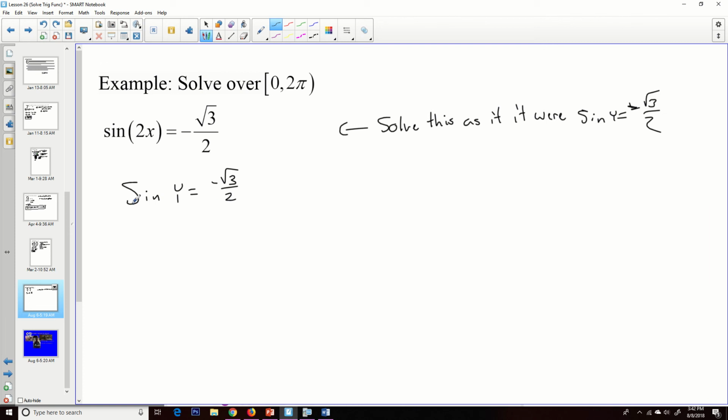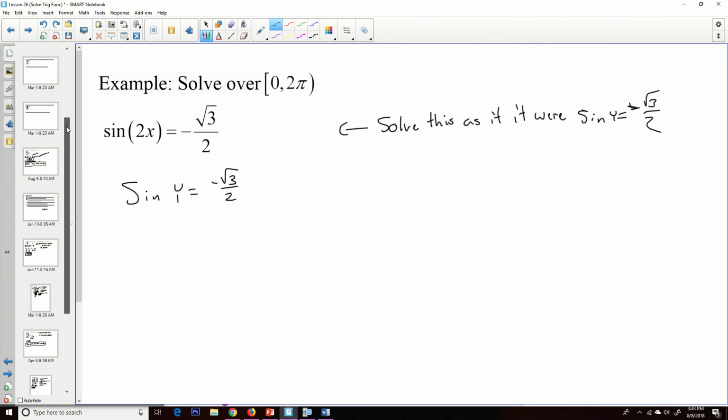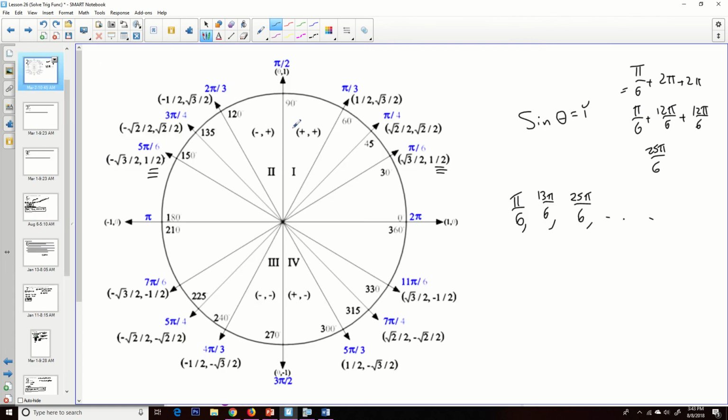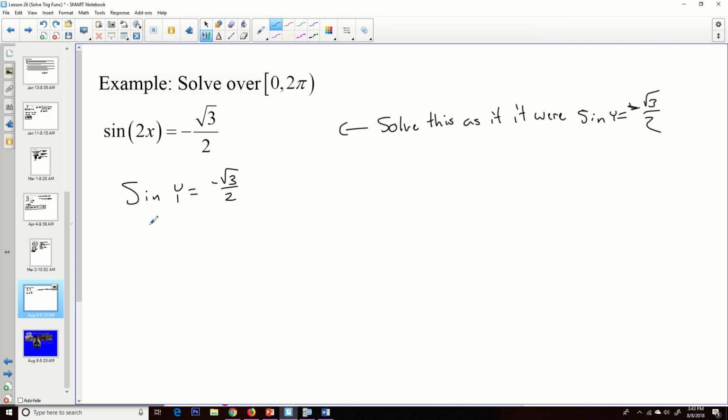I just look for the angles that give me a y value of negative square root of 3 over 2 on the unit circle. Those values are 4 pi over 3 and 5 pi over 3. So if I come down here, I get y equals 4 pi over 3 and 5 pi over 3.